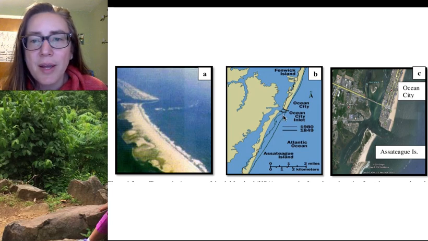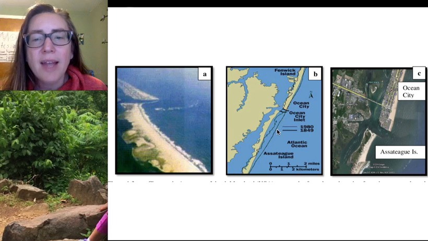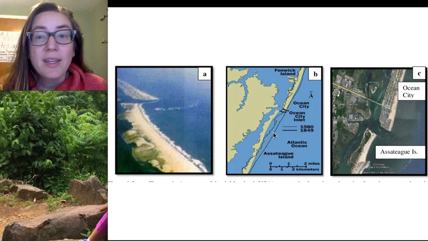So here you have 1980, the coastline here, and this is 1849. Within a matter of 130 years, this island, you can see, has retreated.